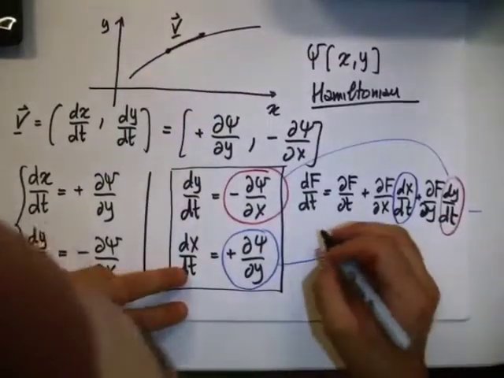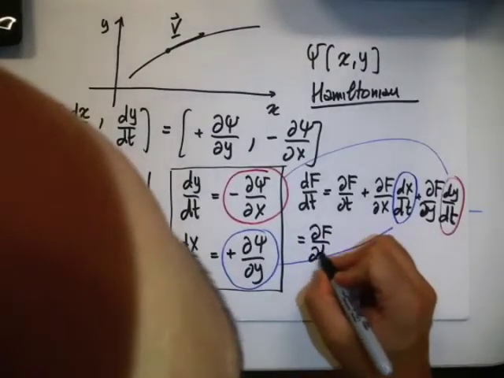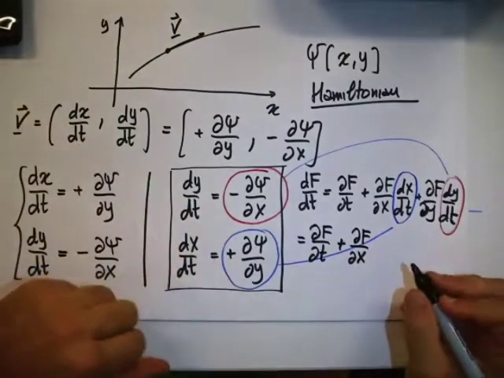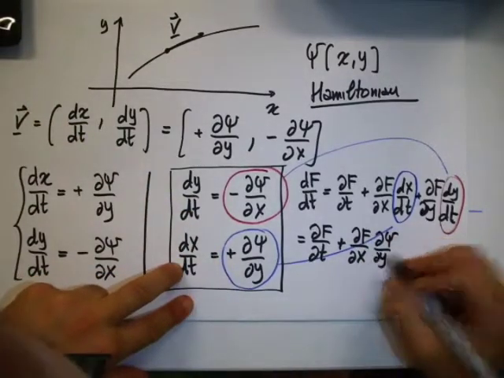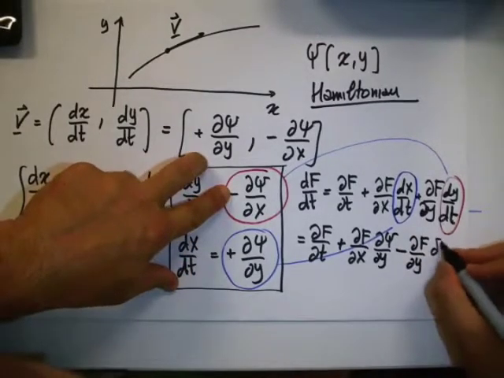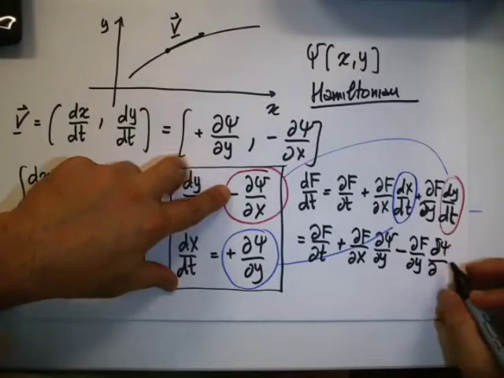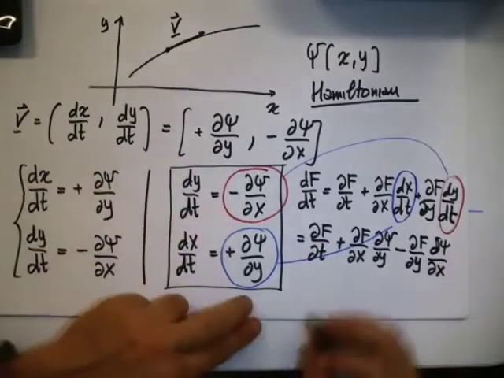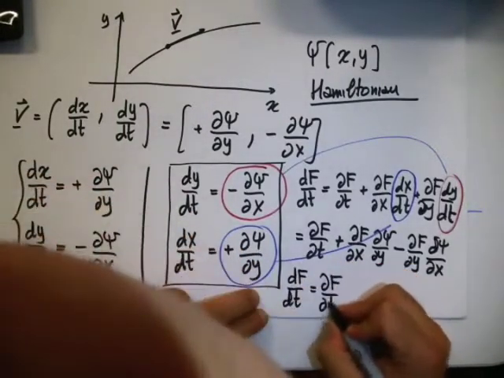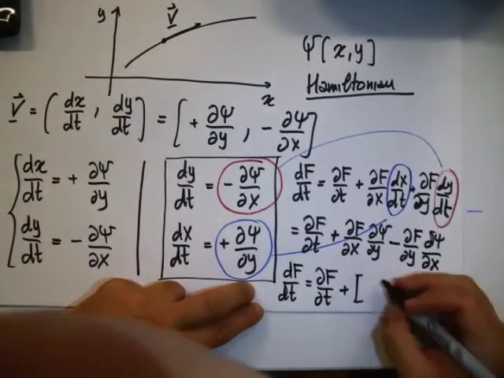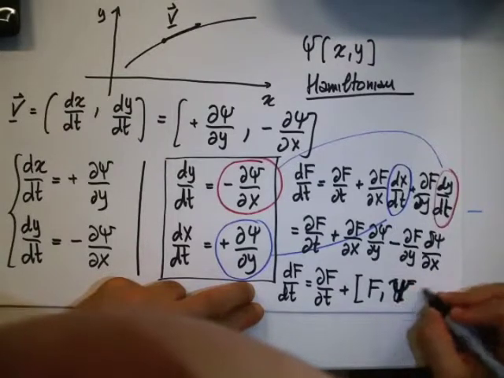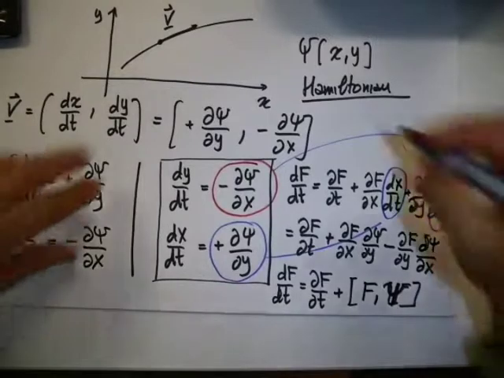So I can rewrite this as df/dt equals ∂f/∂t plus ∂f/∂x ∂ψ/∂y minus ∂f/∂y ∂ψ/∂x. And here I have now the famous brackets: df/dt equals ∂f/∂t plus the bracket of f comma ψ.